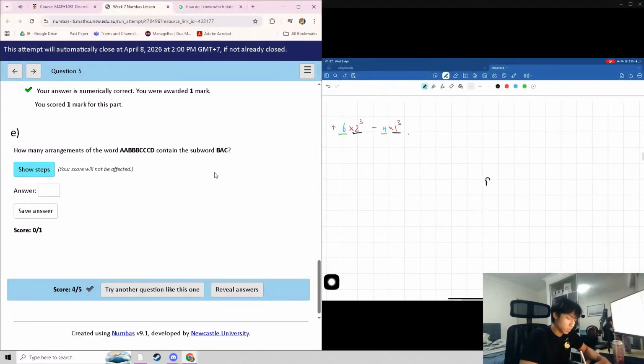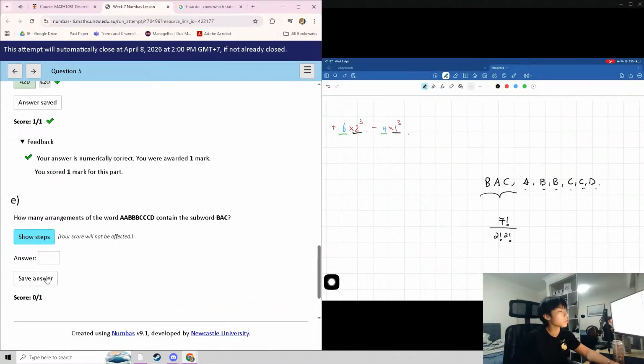Would I treat BAC as a word, and then there's 1 A, there's 2 B's, there's 2 C's, and there's 2 D's. So there's 1 term, 2, 3, 4, 5, 6, 7 terms over 2 factorial, 2 factorial. Why?